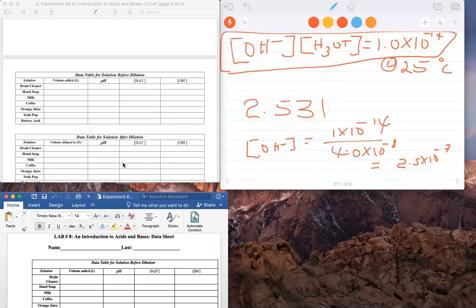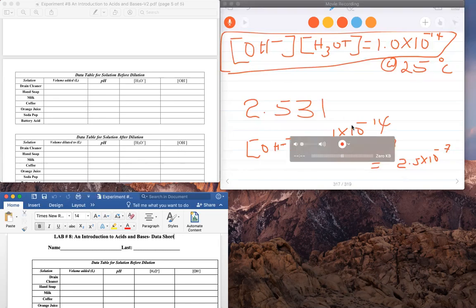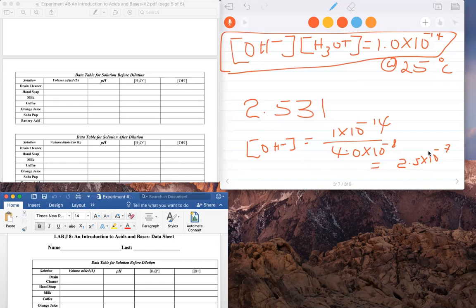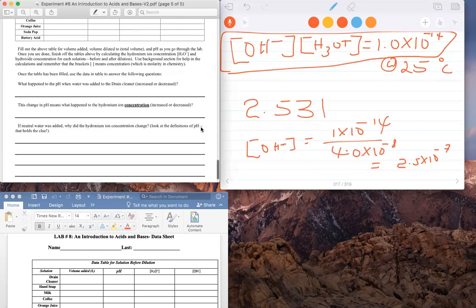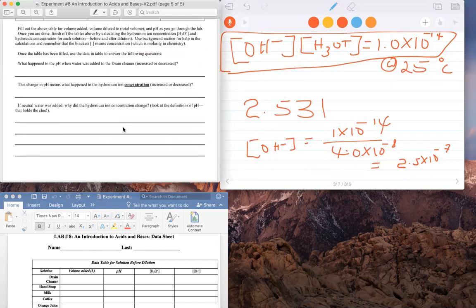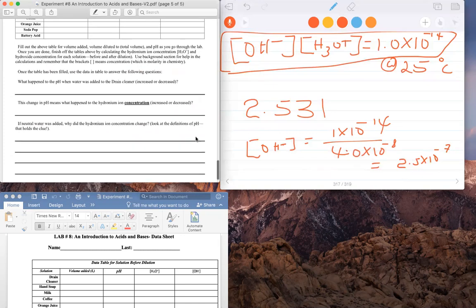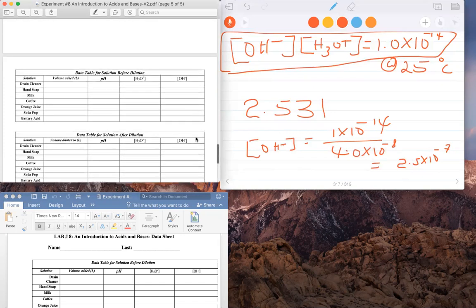But in case of trying to find hydroxide, the setup here is pretty straightforward. Once you have done with that, there is a follow-up question here. You want to look at that and answer the question below the data table.